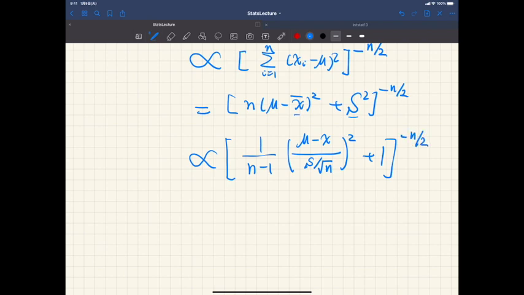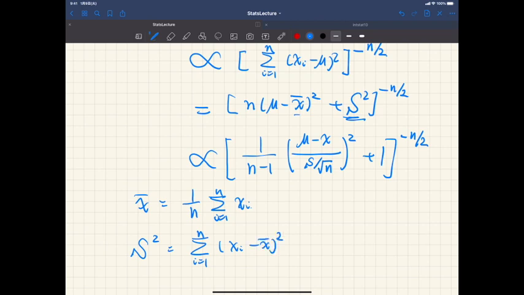And this. Here, x bar is, of course, the sample mean. And this large S squared is the sum of squared deviation from the sample mean.